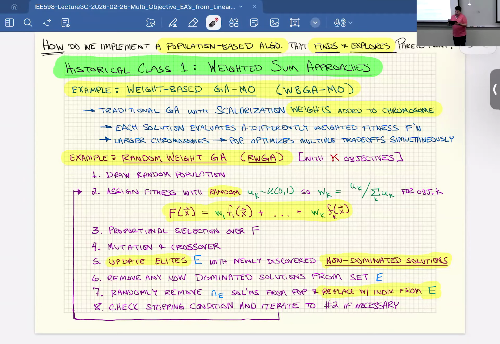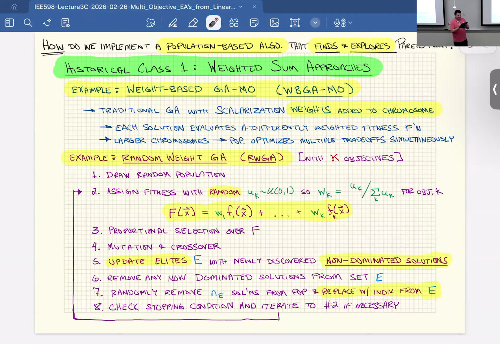And so we're going to keep track of our non-dominated solutions in E. That just sits in parallel, a separate memory of all of our non-dominated solutions that we constantly update so that nobody in that set is ever dominated. And then we have NE slots in our population where we pull in those elites so that they still help drive the evolution of new solutions.